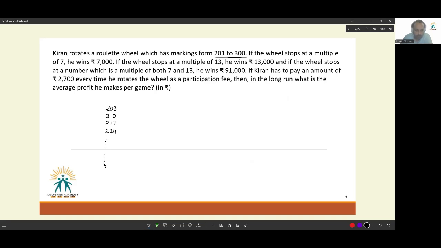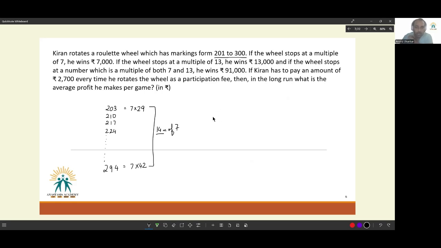If you want to jump directly to the last term, it will be, sorry, this will not be 299, this will be 294. These are the multiples of 7. This is 7 into 29, and this is 7 into 42. So we have 14 such cases here, multiples of 7.